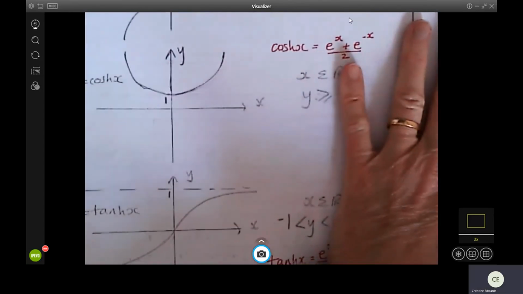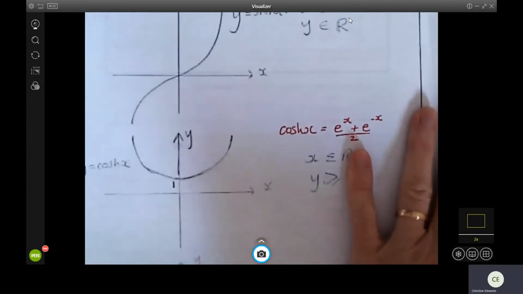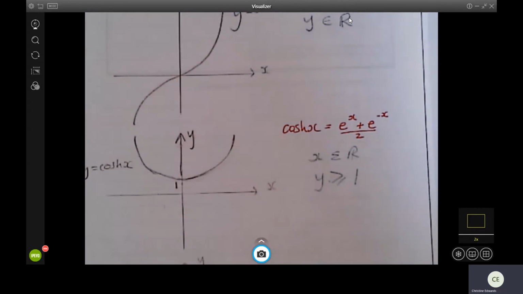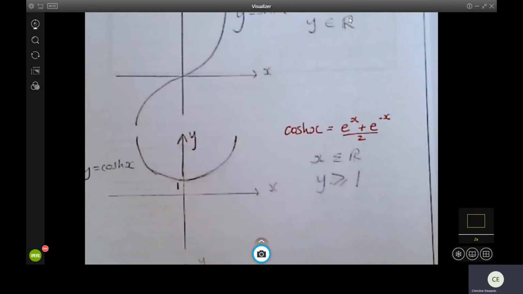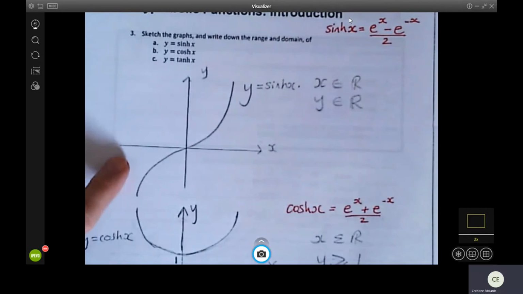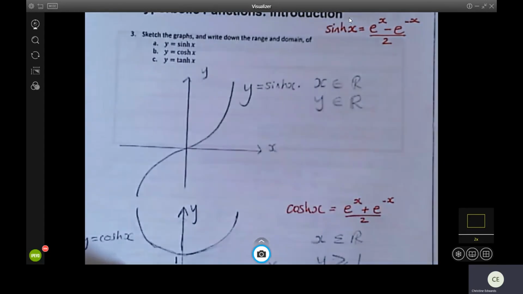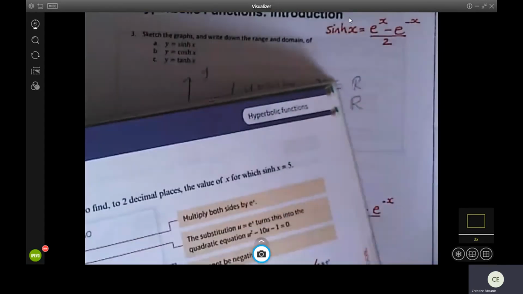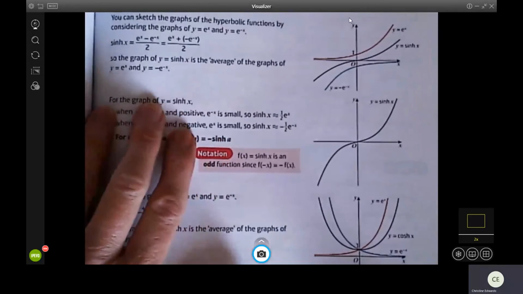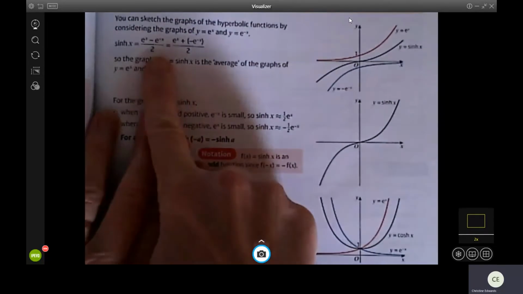I've got them summarised here, but I just want to show you where they come from by looking at your textbooks. So sinh we have as this graph here, and cosh as this graph here. You go to page 121 of your textbook. The graphs are derived by working with the definition.